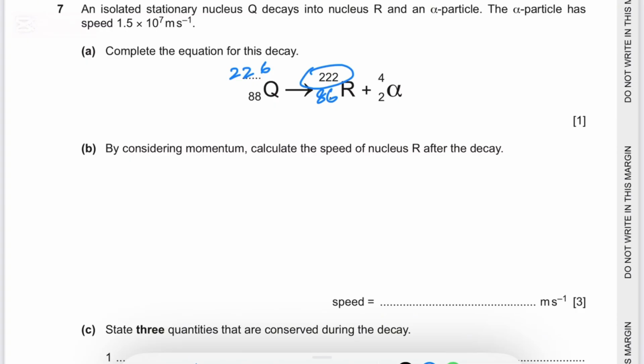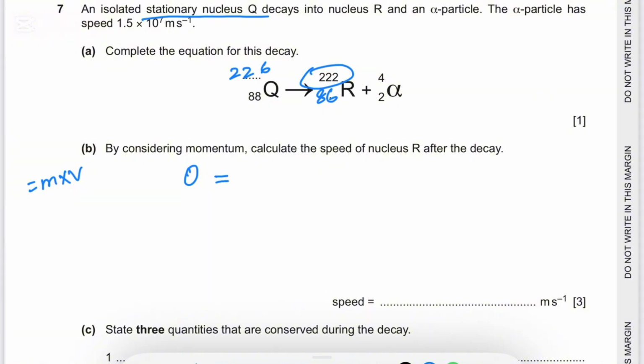By considering the momentum, calculate the speed of nucleus R after the decay. According to the law of conservation of momentum, total momentum before explosion must be equal to the total momentum after. As we can see, initially the nucleus Q is stationary, therefore initial momentum is 0, since momentum is equal to mass times the velocity.